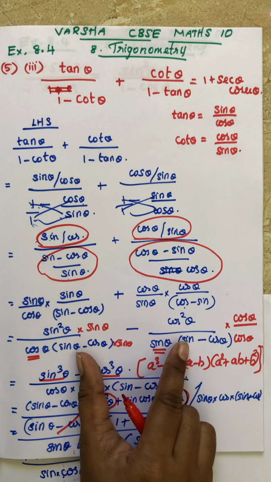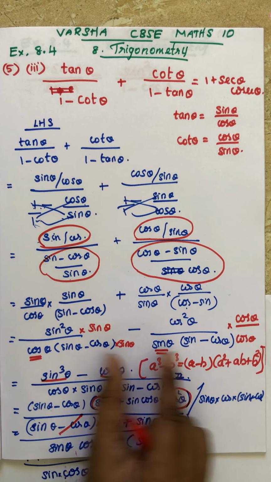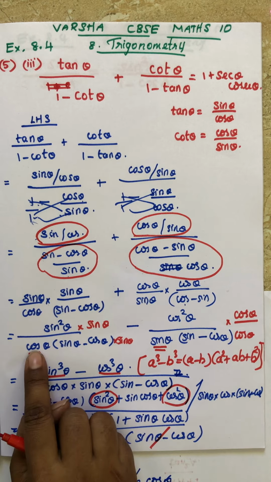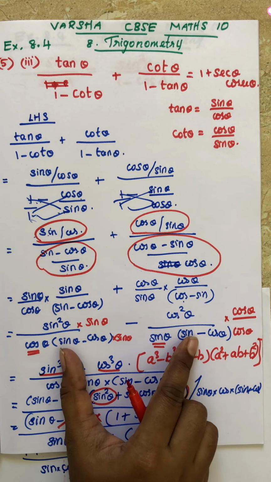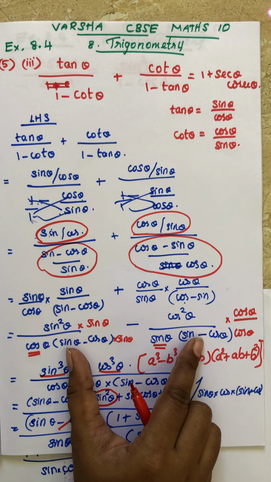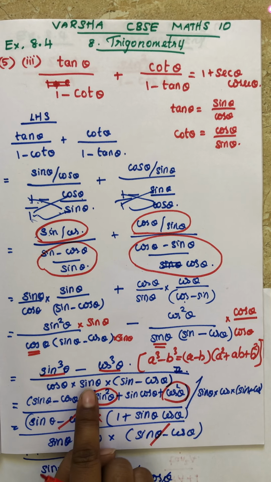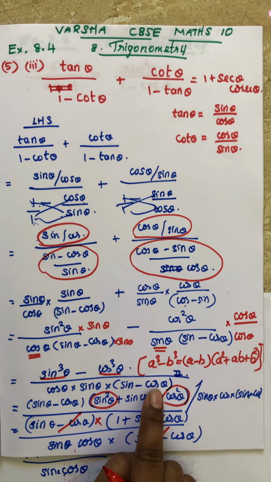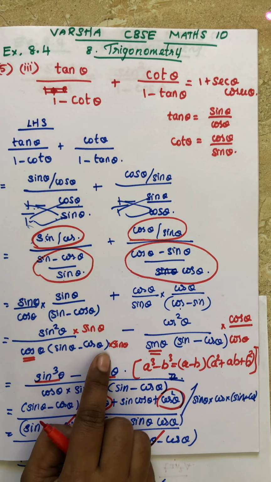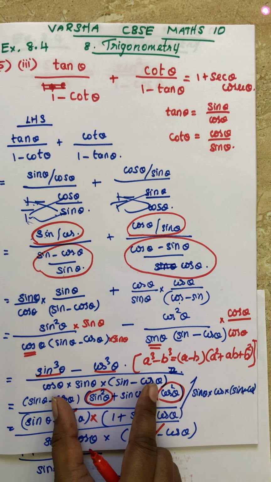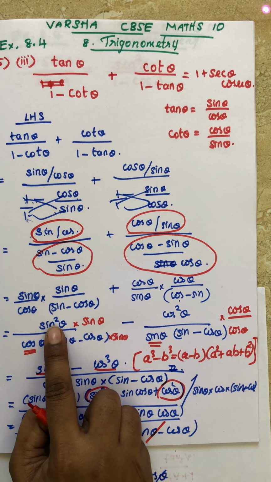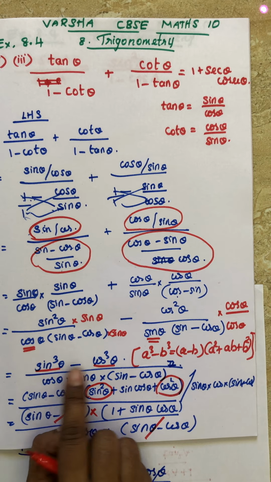So see, in the next step, these three terms are equal, but sin is here, cos is here, sin is there. So to equalize the denominator, you are taking the LCM. So what is your LCM? Cos into sin minus cos. I am just multiplying sin by sin, cos by cos, so that the denominators are equal. So I get sin cube minus cos cube.